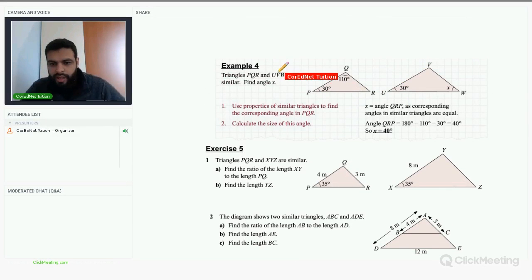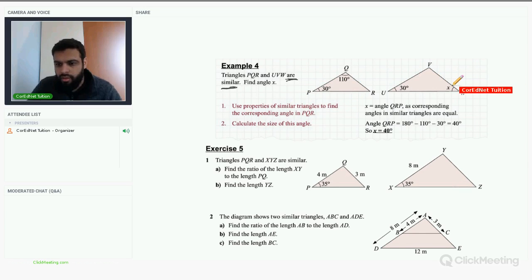What else? Okay, so we have this here, for example, triangles PQR and UVW. So it says again, that's the key to this question, that word in there. They are similar. So we are going to find this angle here.